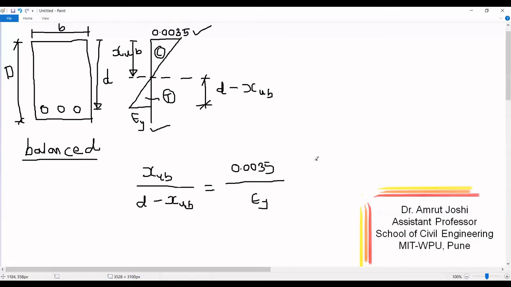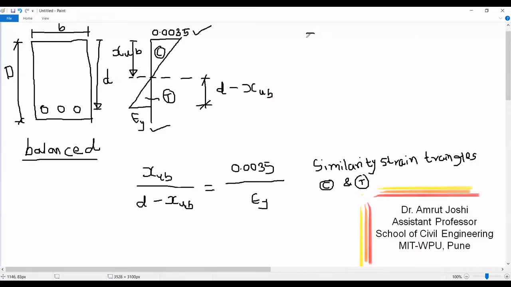We have just applied similarity of strain triangles on the compression and tension sides.